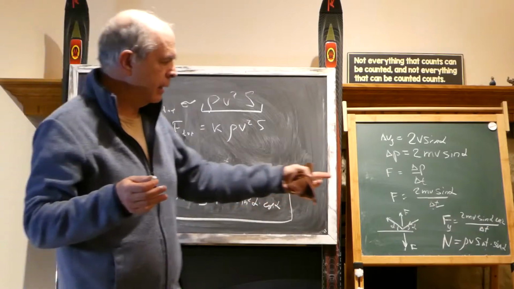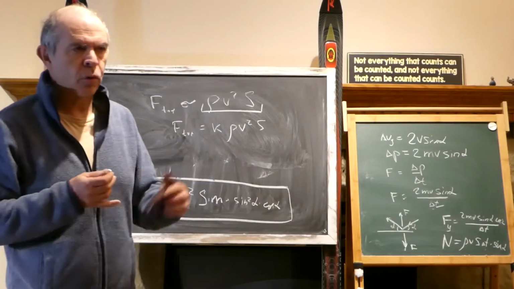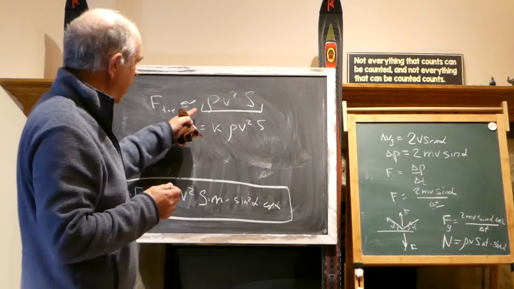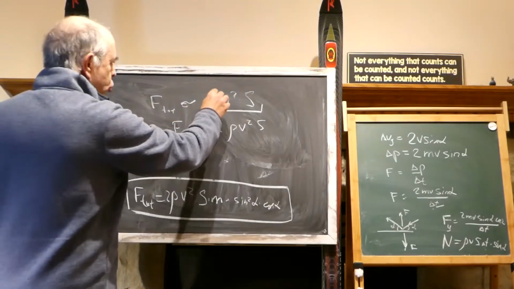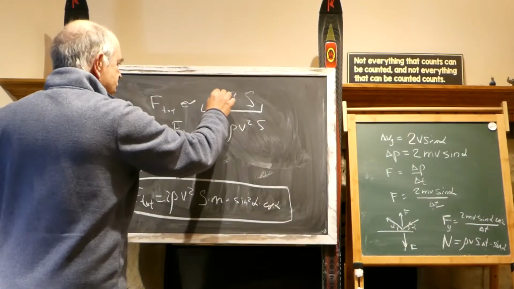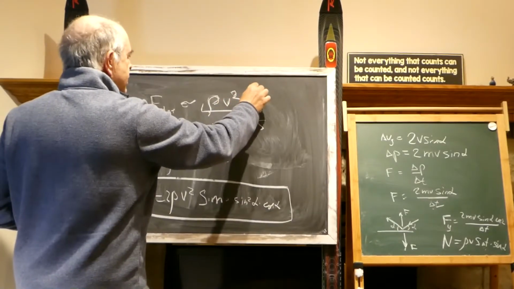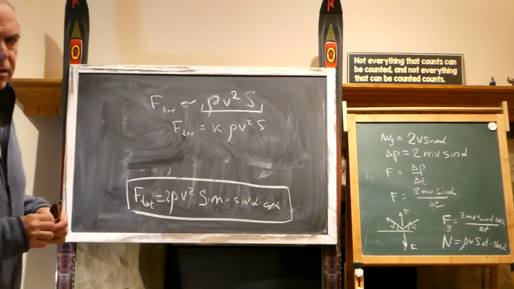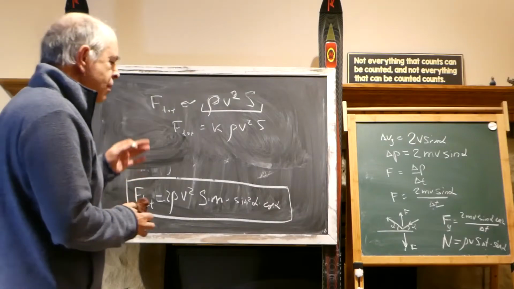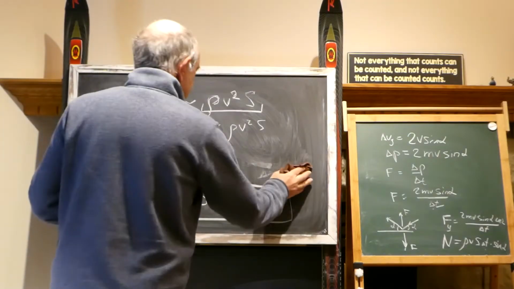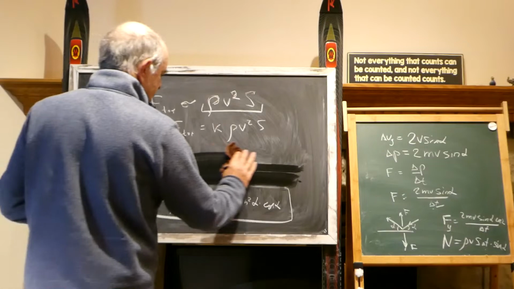We have the result about the force that lifts the aircraft, and we have that it's proportional to rho, the density of the material, proportional to v squared and proportional to s. And this has remarkable consequences on a lot of things.